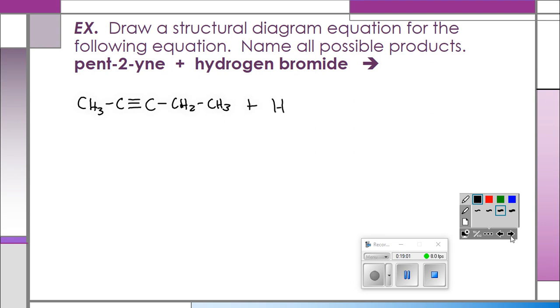So we have our hydrogen bromide. If we only have a little bit of it, we might not be able to completely break the triple bond. So we could have a product that still has a double bond in it, or we could have products that have single bonds, depending on how much of this other substance we add.